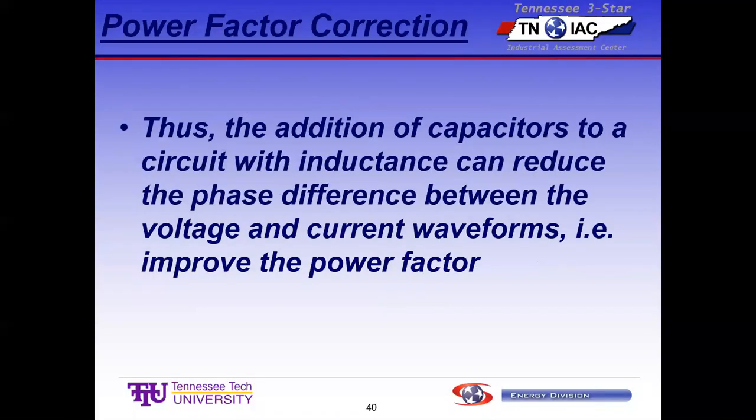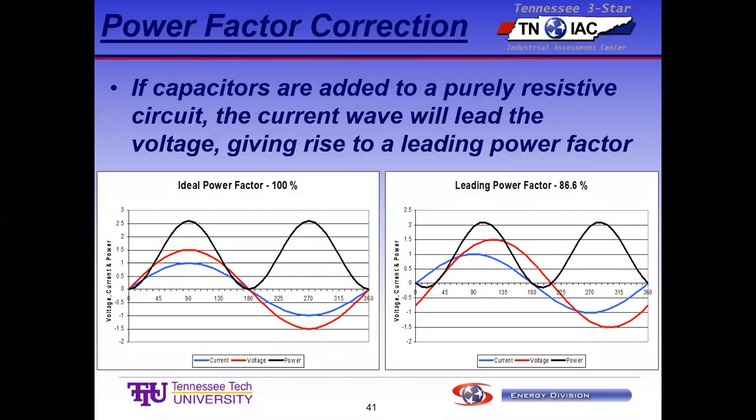Thus, the addition of capacitors to a circuit with inductance can reduce the phase difference between those two waveforms and improve power factor. If capacitors are added to a purely resistive circuit, the current waveform will then lead the voltage waveform and give rise to a leading power factor. So this shows a power factor of 1, or 100%, where everything lines up like we saw before.